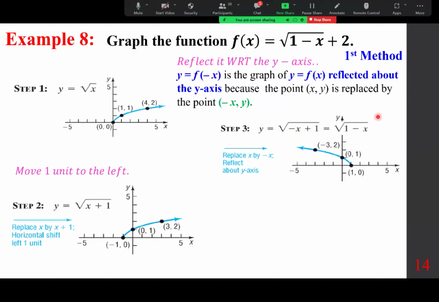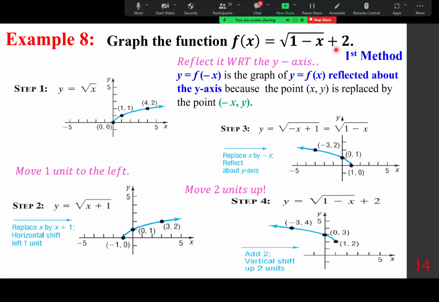And all you have to do is apply the plus 2 by moving it 2 units up. So the same thing, 2 units up. So now this 1, 1, 0 becomes 1, 2, 0, 1 becomes 0, 3. And there you have it.